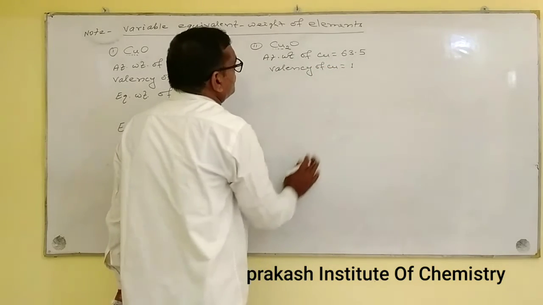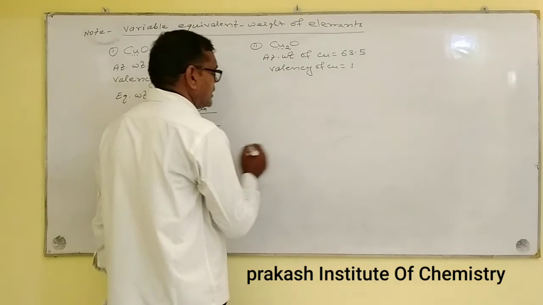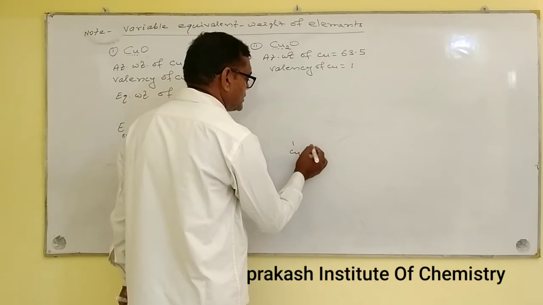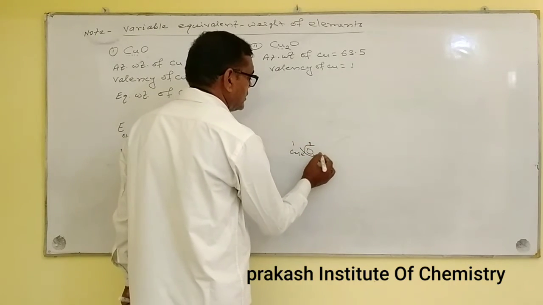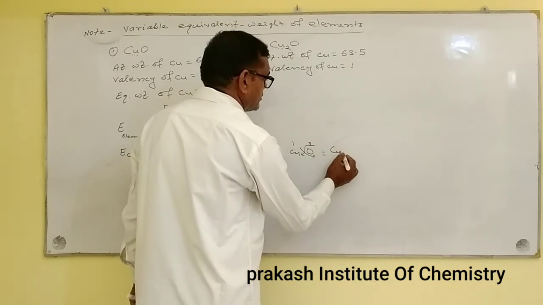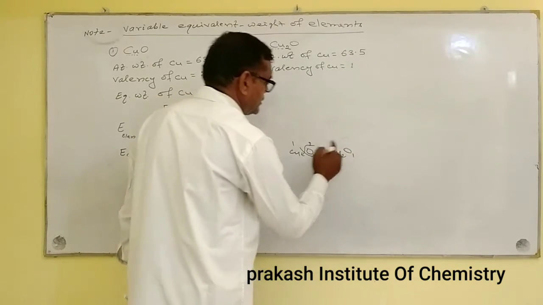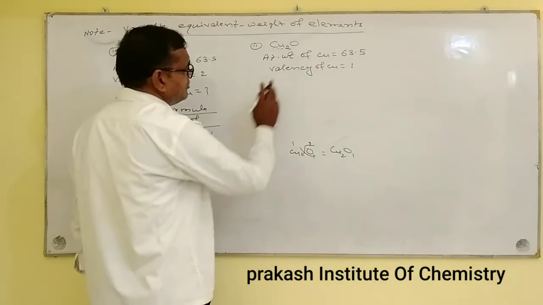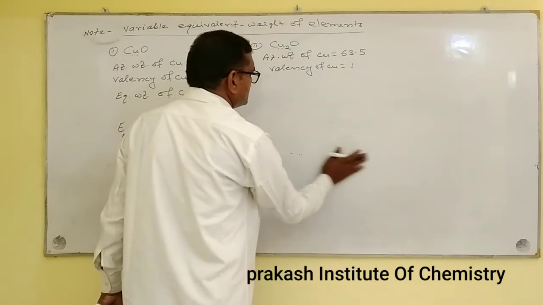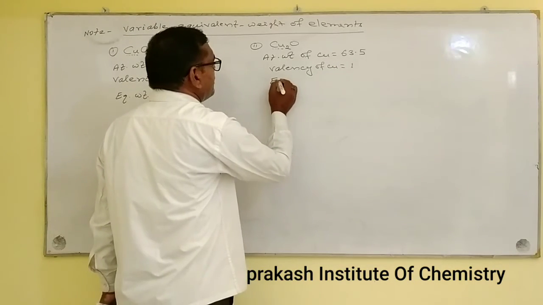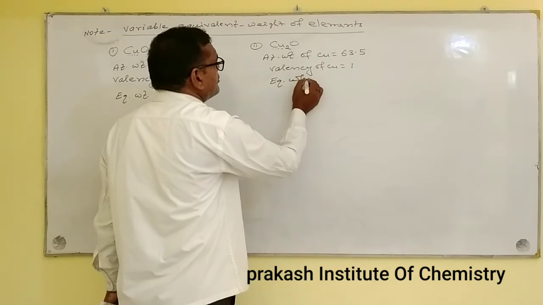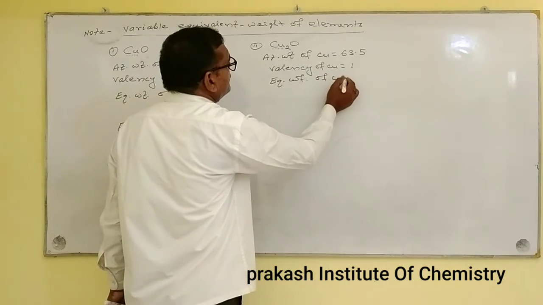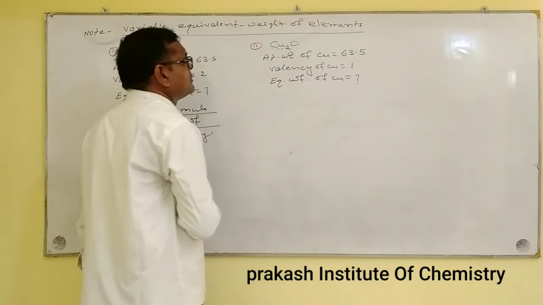In cuprous oxide, valency of copper is 1. Equivalent weight of Cu is equal to what?